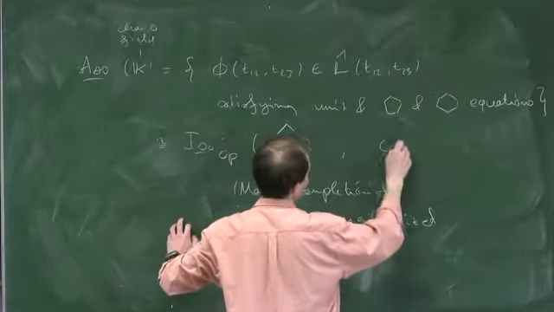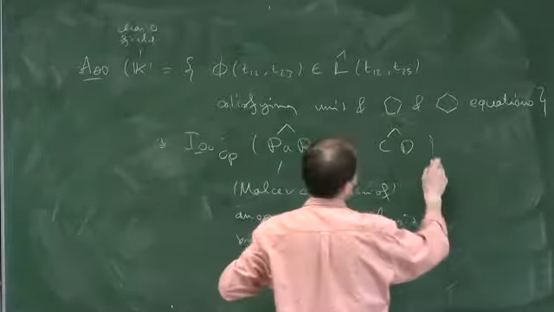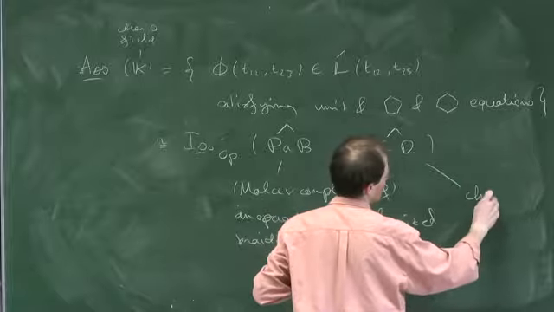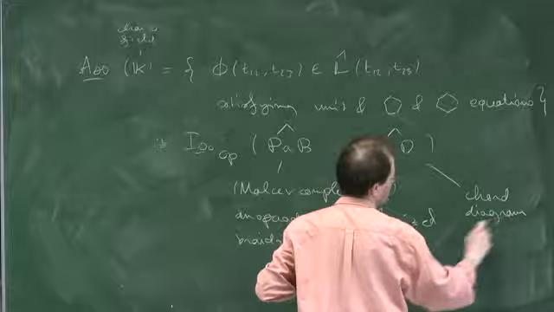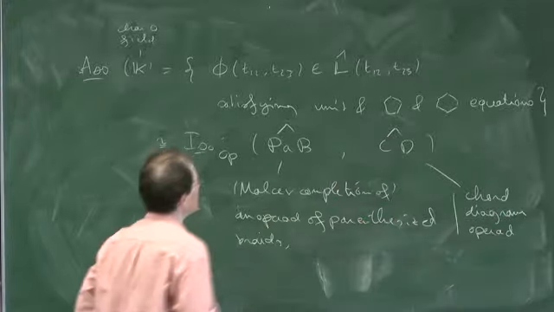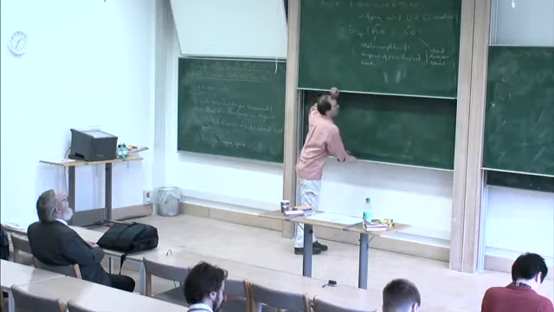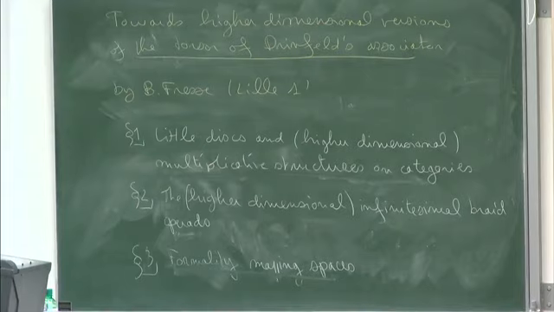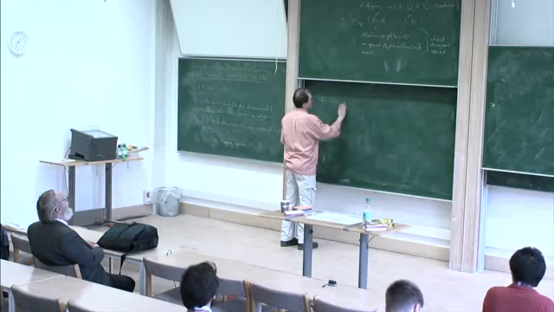The second object is another operad, which I will denote by CD hat. This is the operad of chord diagrams. Both of them are operads in the category of categories. Chord diagrams is a collection of groupoids, which are actually groups.